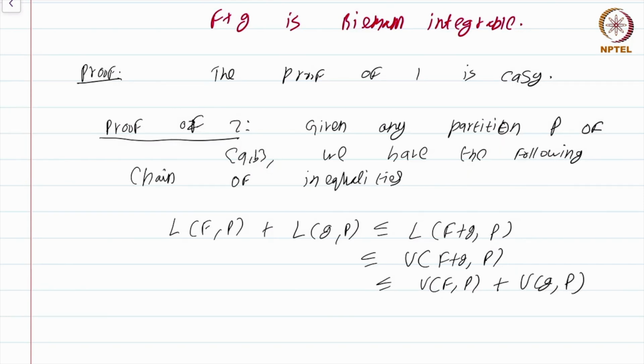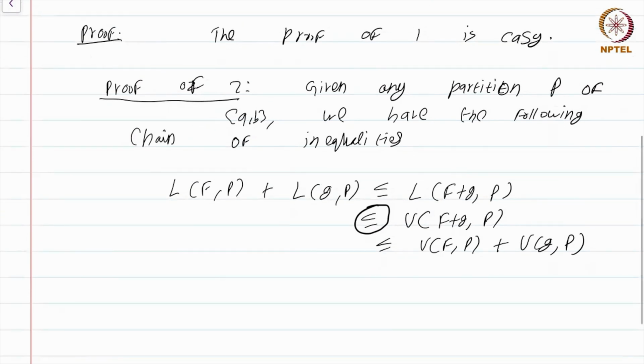We have this chain of inequalities. Let's see why we have this chain. First of all, certain inequalities here are straightforward. The inequality L(f plus g, P) is less than or equal to U(f plus g, P) just follows from one of the basic facts about upper sums and lower sums.